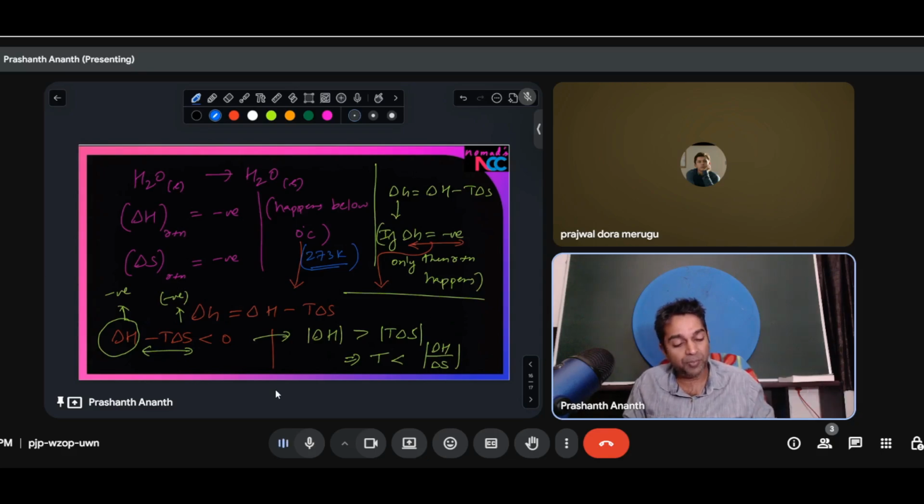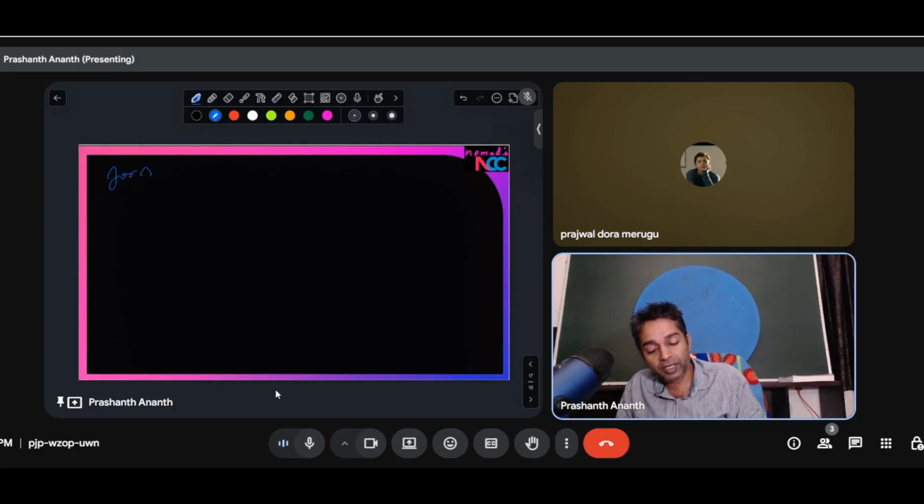So in this particular case, mathematically speaking, if I am deriving this out, for delta G to be negative, or for delta G to be less than 0, in the current case where delta H is negative and delta S is also negative, what does that really mean?